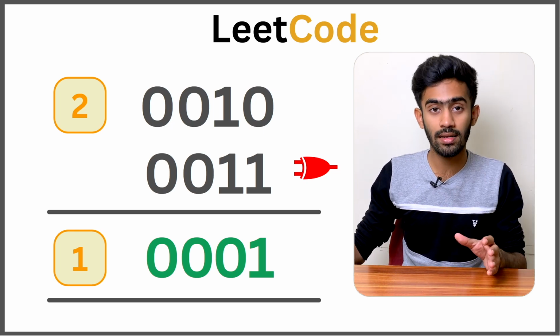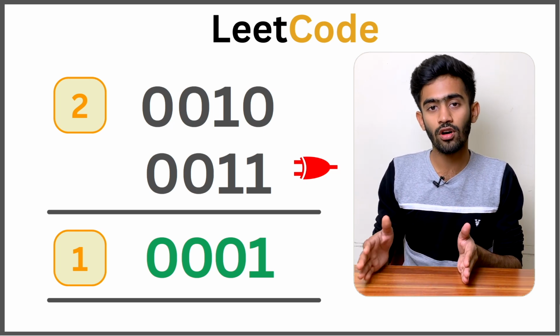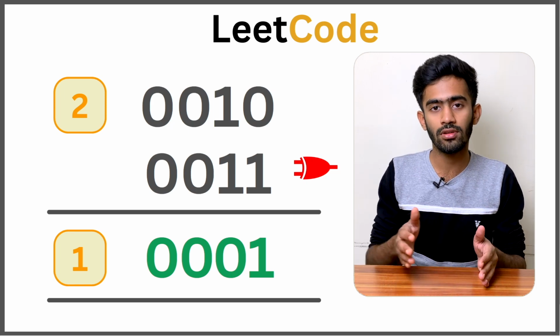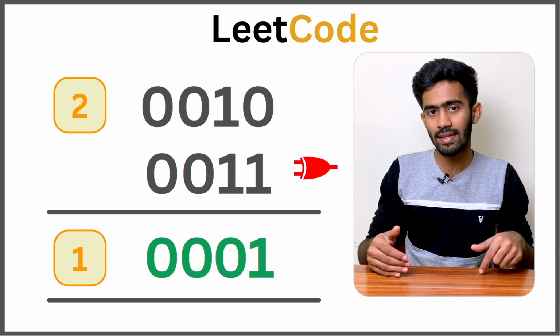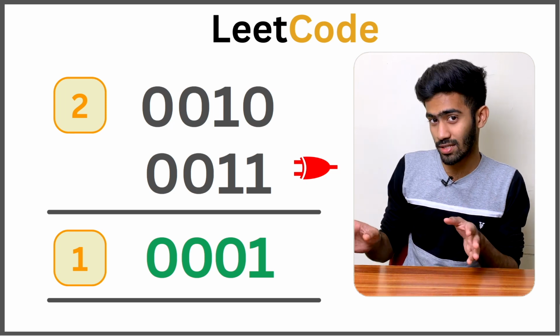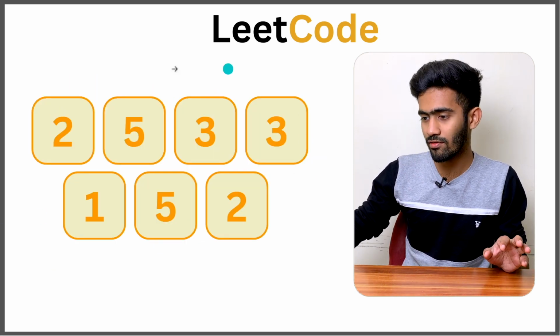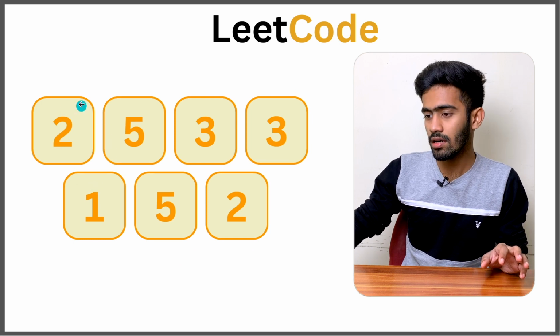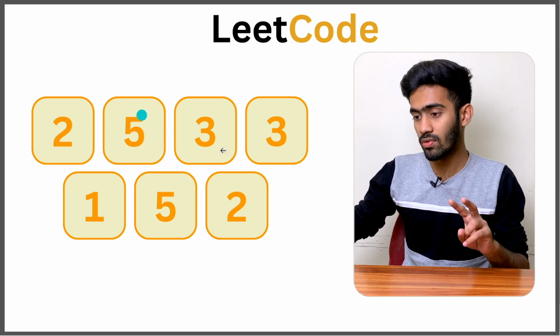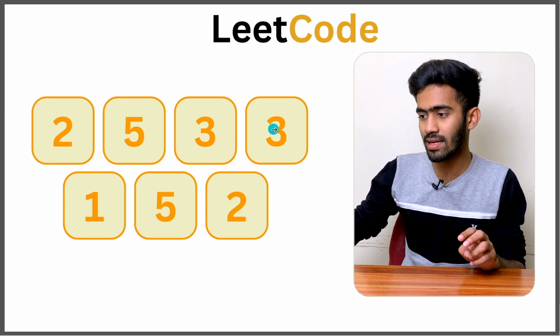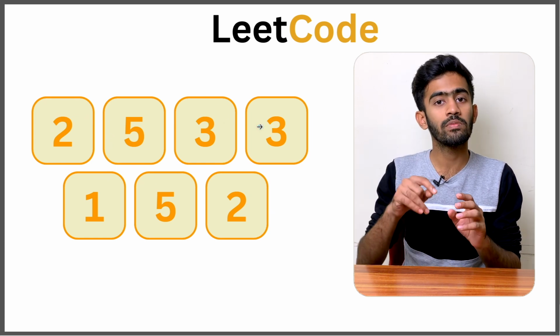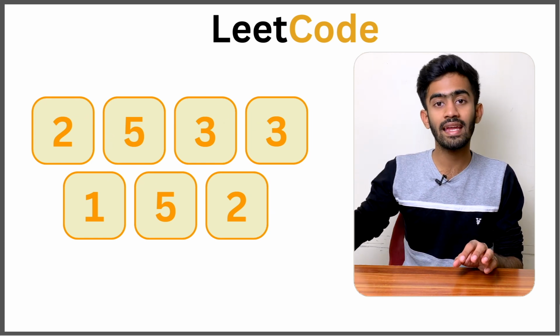As we saw in the earlier case, if we apply the XOR operator to the same number, 2 XOR 2, the elements get cancelled and we get the output as 0, right? By similar logic, if we have an array of elements like this, where the element 2 appears twice, element 5 appears twice and element 3 appears twice, then when we perform XOR they get cancelled.